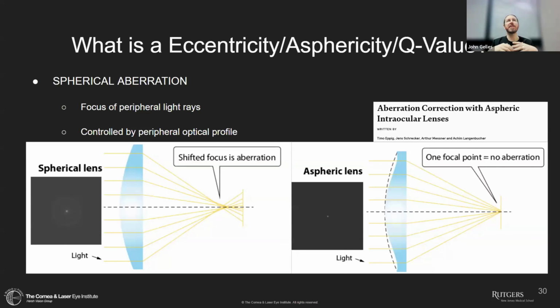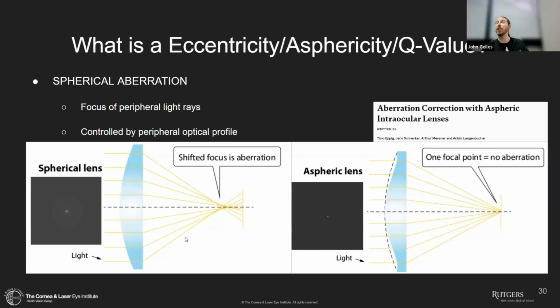Asphericity, eccentricity, Q value, basically all of these are controlling the same concept, which is how the periphery of a lens focuses. That's really shifting the peripheral light rays to create a better point of focus, right? Spherical aberration is caused by a misalignment of those peripheral light rays, which causes a stretching of the focal point, which gives us more of a halo-like effect.